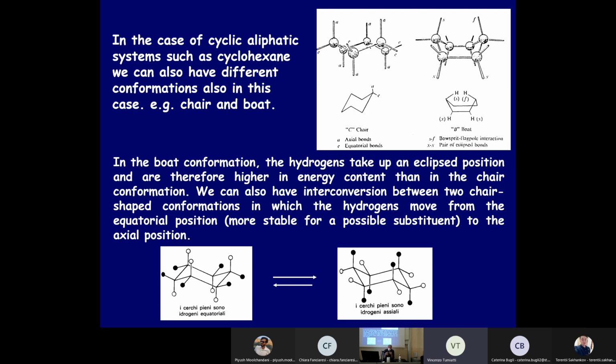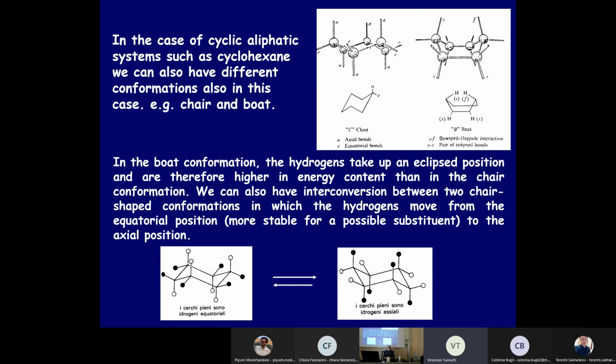Because normally this cycle tries to put the biggest substituents in the equatorial position, you see.